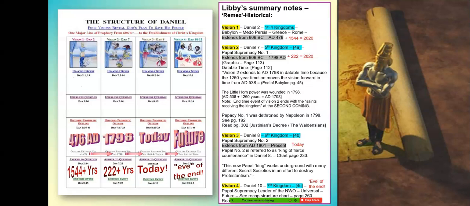It has to get passed from the King of Fierce Countenance in chapter 8 to the King of the North in chapter 11. But you'll learn about that step by step as you go through. I wouldn't worry about that right now. I just want you to see the structure, okay?